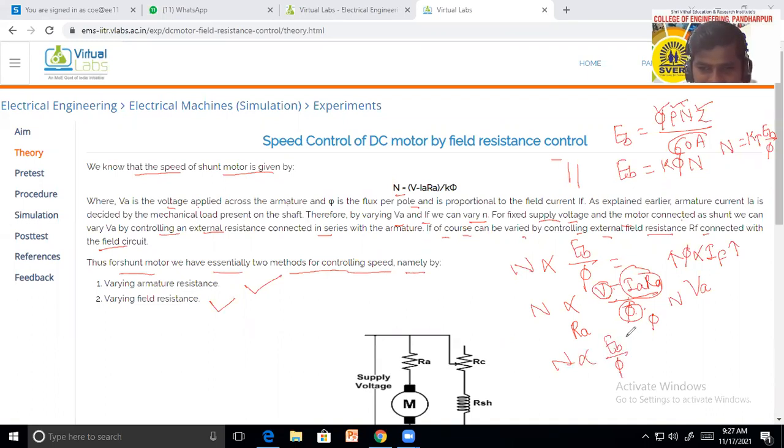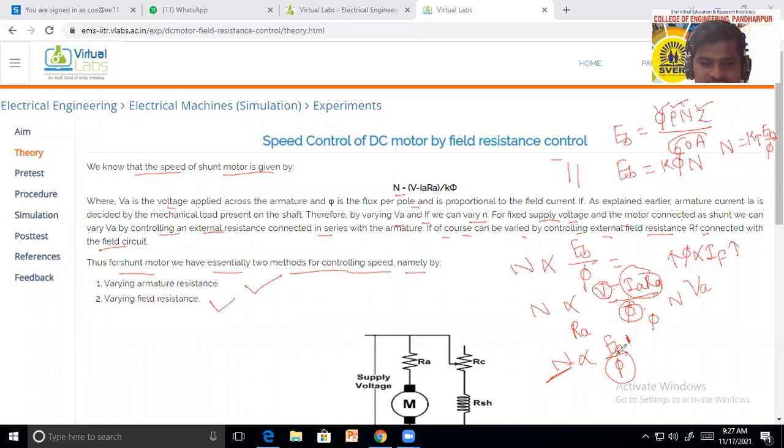So by varying the resistance in series with the armature, the drop will change. If the drop changes, Eb changes, and if Eb changes, at that situation N changes. For that the flux is kept constant.